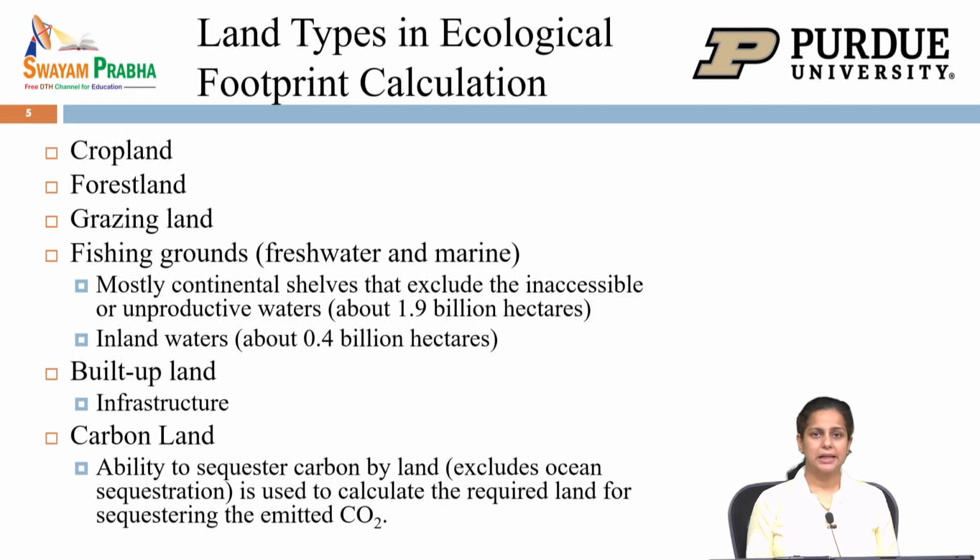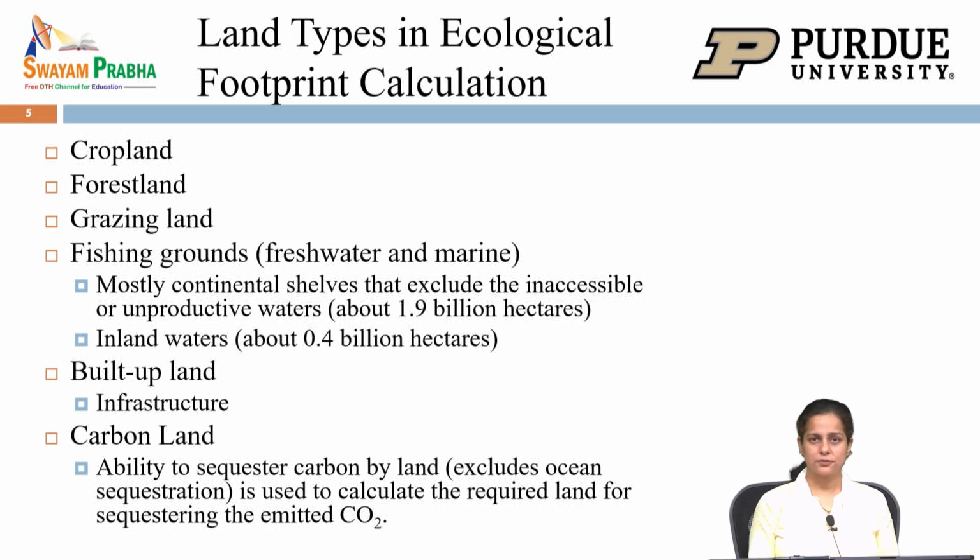Then there are different land types when we do our ecological footprint calculation. The first is the cropland, then forest land, grazing land, fishing grounds, which has both freshwater and marine, built up land and carbon land. Cropland is straightforward. It is the area that includes all the active area in production of agricultural products.